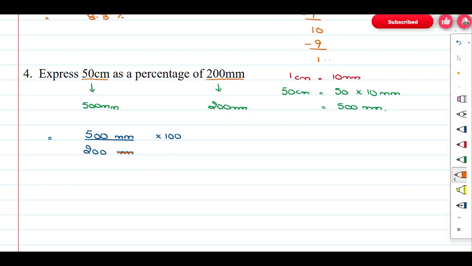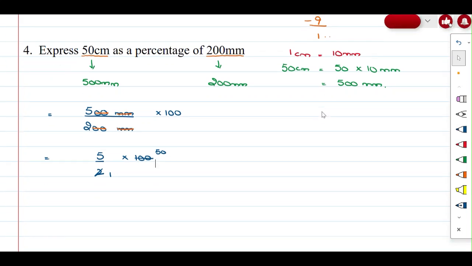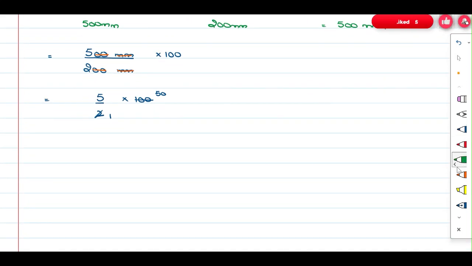Millimeters go with millimeters, zeros go with these zeros, so this is just 5 by 2 times 100. 2 times 1 is 2, 2 times 5 is 10, and a 0. Now 5 times 50: 5 times 5 is 25 and a 0. So it is 250%.